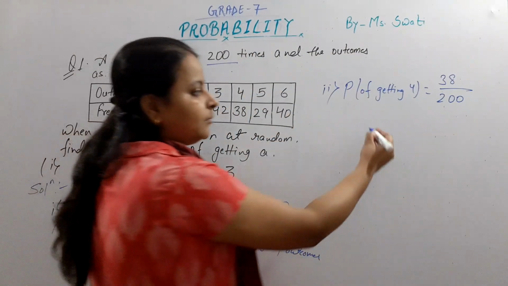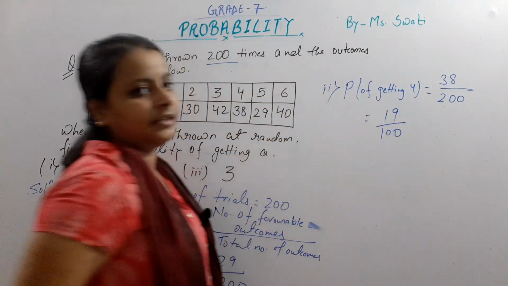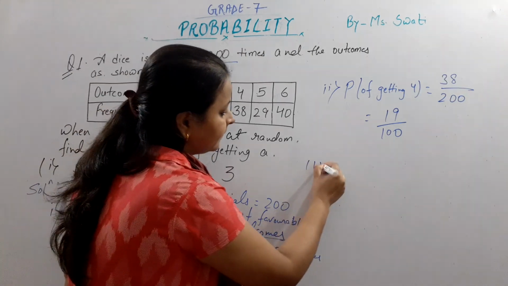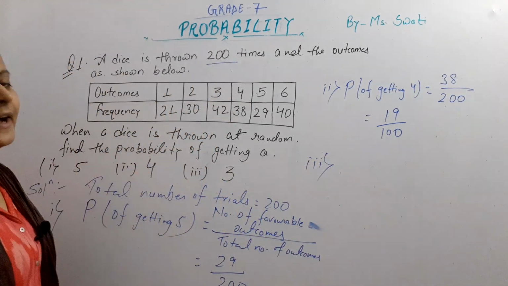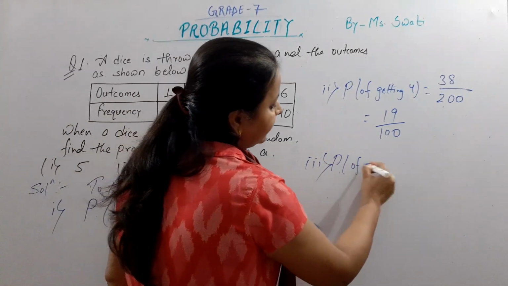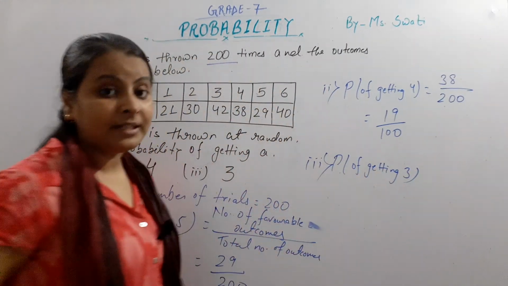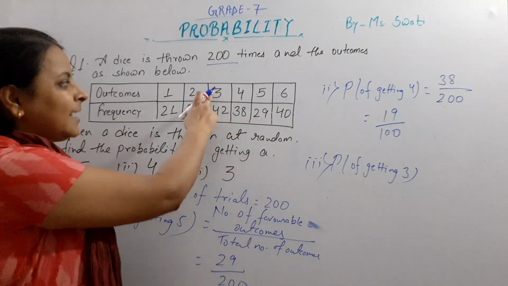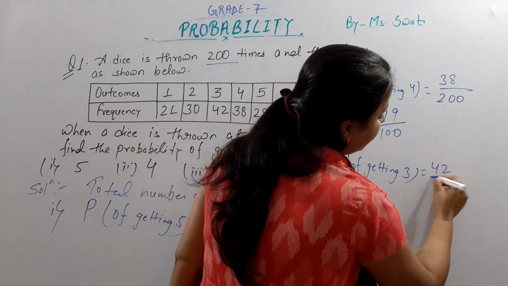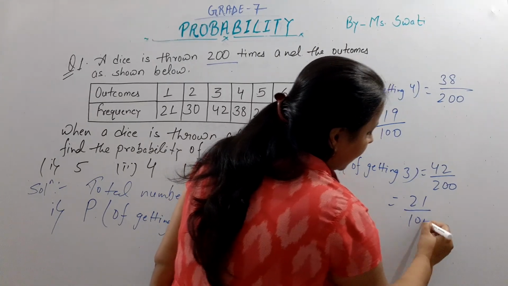Both are even numbers, so we cancel out and it becomes 19 by 100. Okay. And the third sub question, find the probability of getting 3. So, P of getting 3. Here P means probability of getting 3. How many times does 3 occur? 42 times. So, 42 by 200 and it becomes 21 by 100.